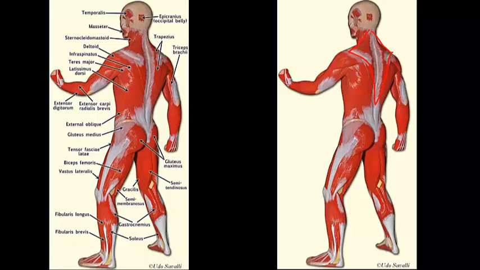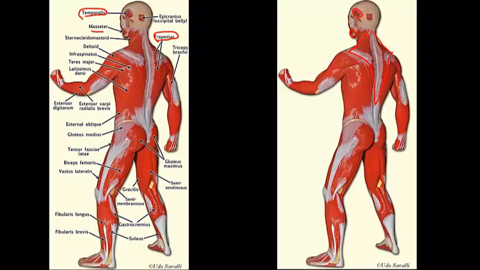That's your trapezius. Now on the side of the head, I can see the temporalis muscle because it's at the temporal bone. That is going to be your temporalis muscle. And to the side of the mandible, right here, that is the masseter muscle. That's going to be the masseter.